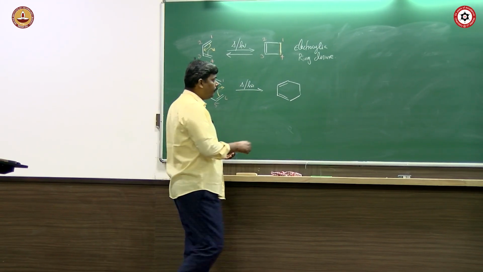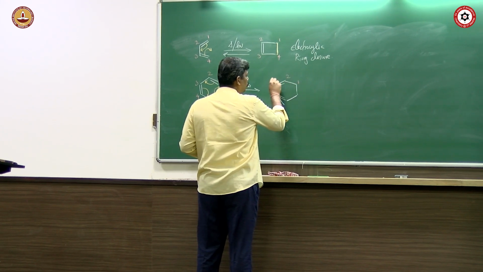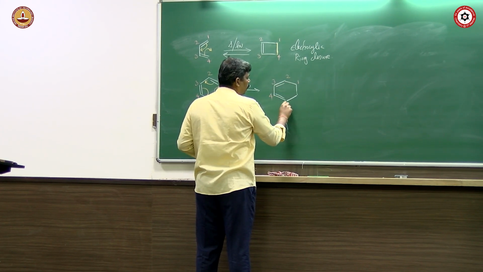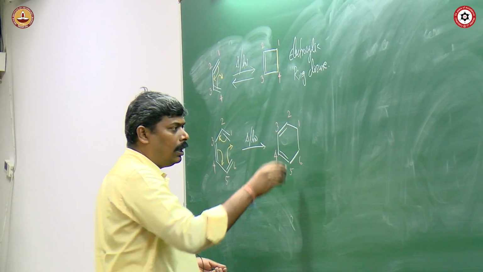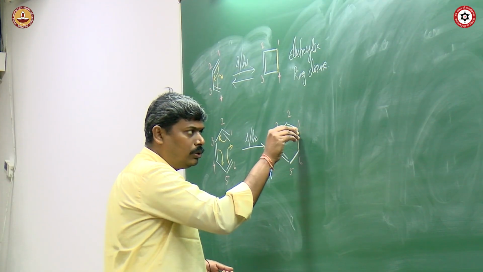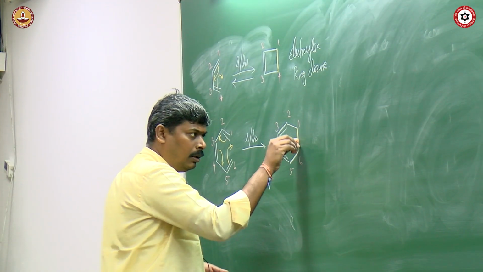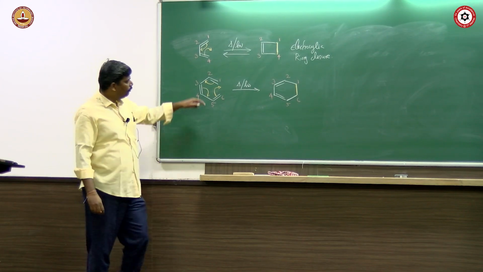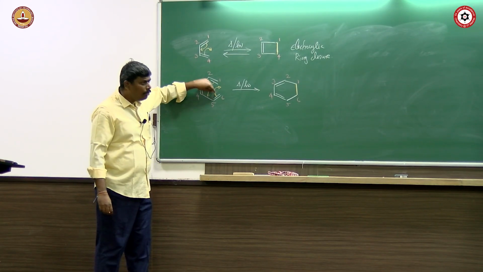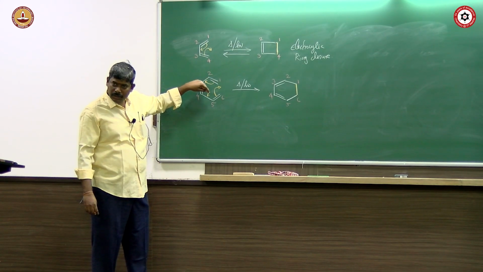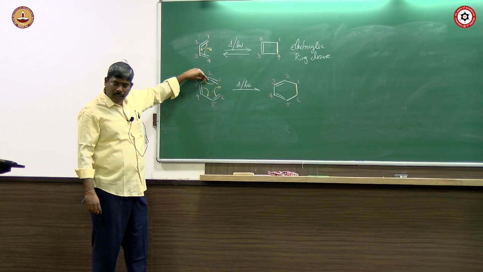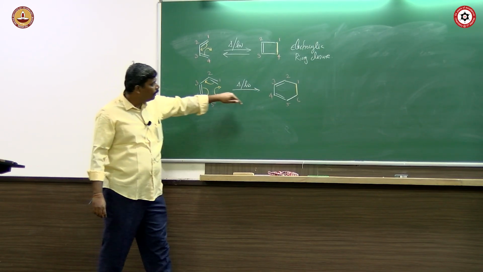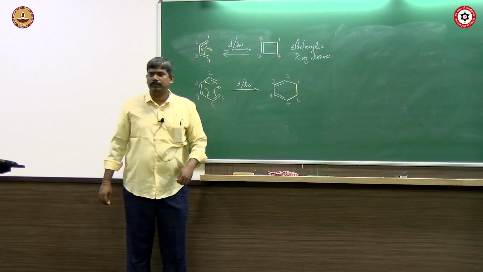Once again if I number, it's 1, 2, 3, 4, 5, 6 here, and the new sigma bond that is formed is between 1 and 6. And the way I pushed the double bonds, all the double bonds are broken, they are not at the same position. Now they have moved to 2 and 3 and 4 and 5, and one sigma bond is formed.